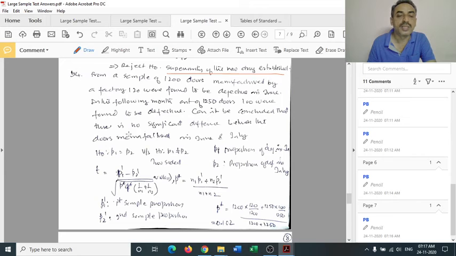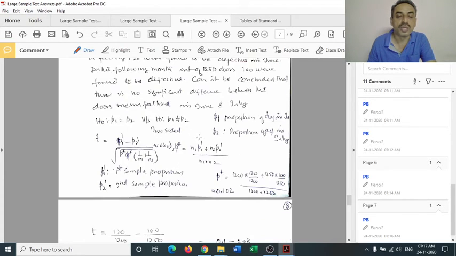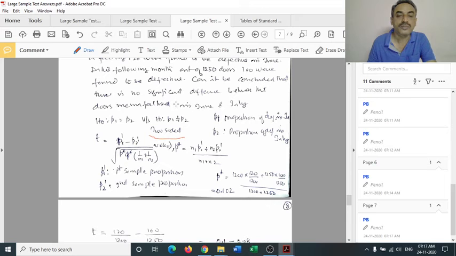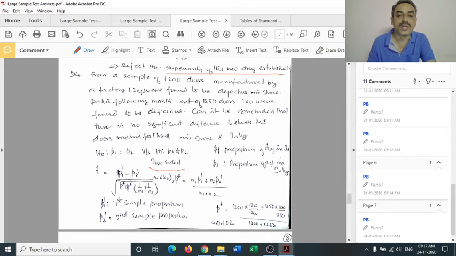We want to see whether there is a significant difference in the doses manufactured in June and July. So the null hypothesis is P1 equal to P2 versus P1 not equal to P2. It's again a two-sided test. The sample proportions P1 dash and P2 dash are determined using these values, 1,200 and 120, 1,250 and 100.